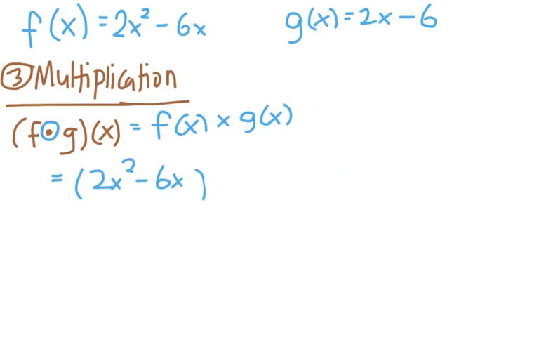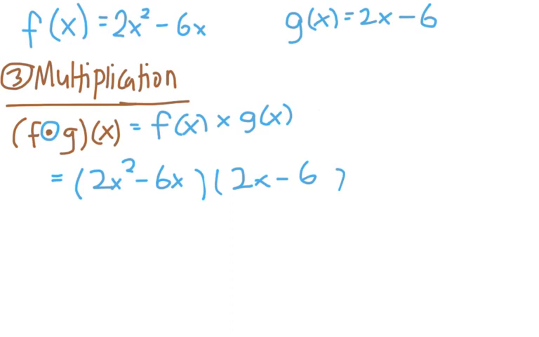Alright, okay. So for function g, also put bracket. Then you substitute with the function. So 2x minus 6. Okay, so again, after you substitute with the function, what you need to do next is open up the bracket.